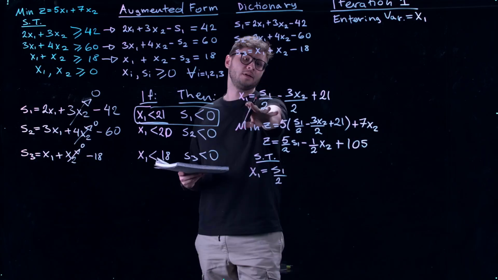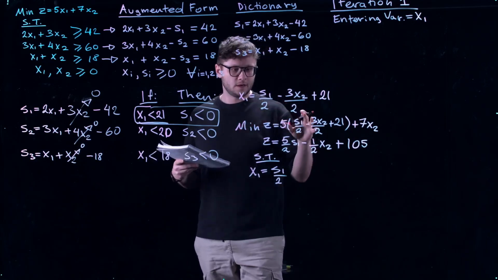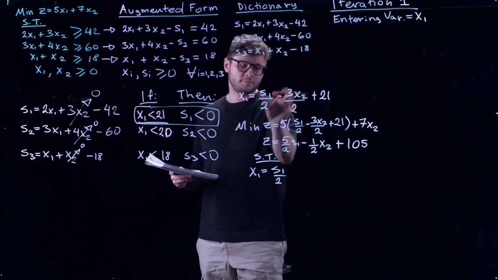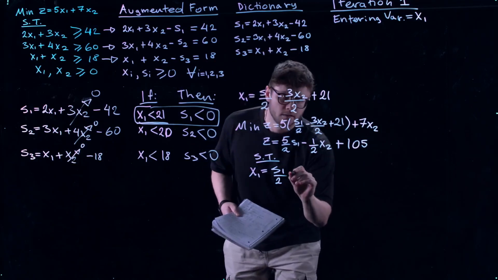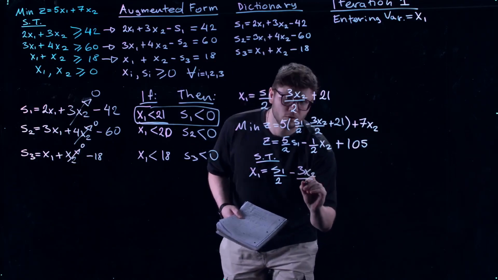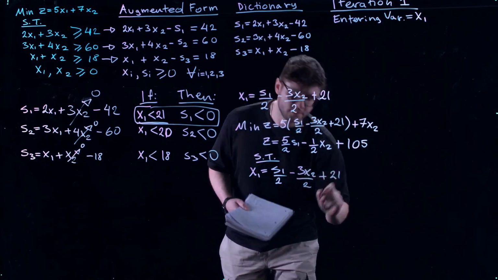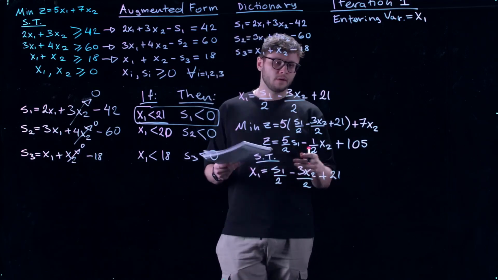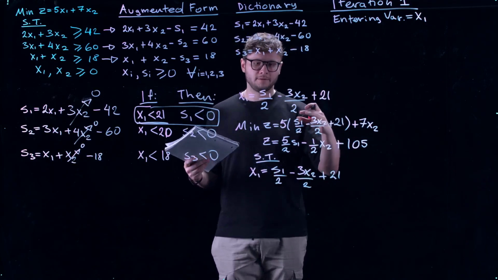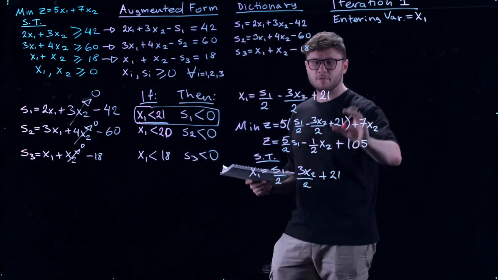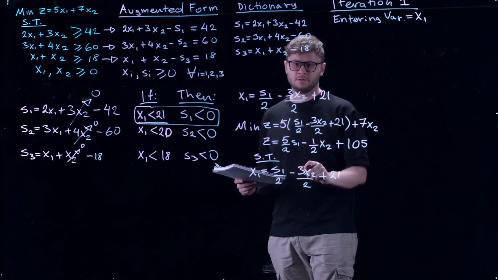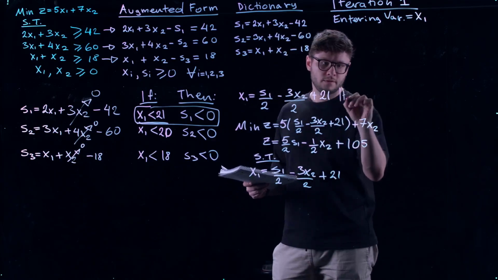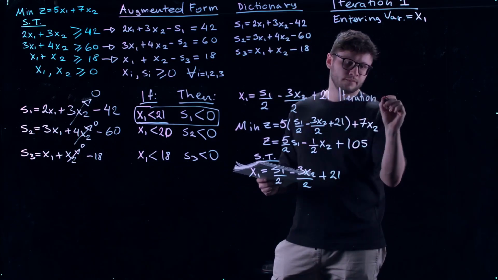Remember that this is the first constraint. x1 is already the subject of this iteration, so we can just copy it down. Our other two constraints are going to be, just a quick reminder, since this is not optimal, this now becomes our second iteration. So as of right here, iteration 2.